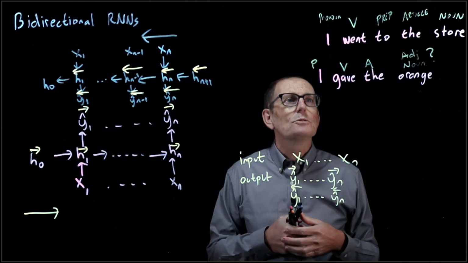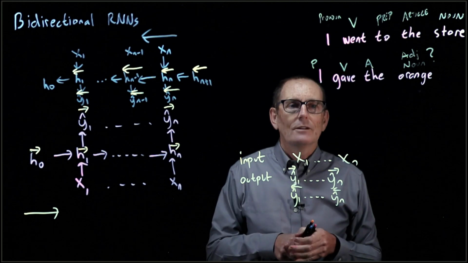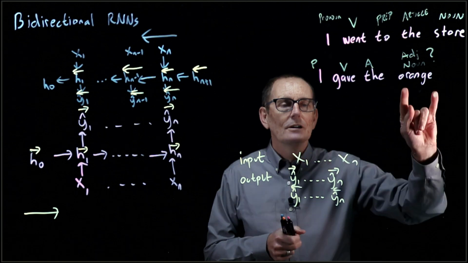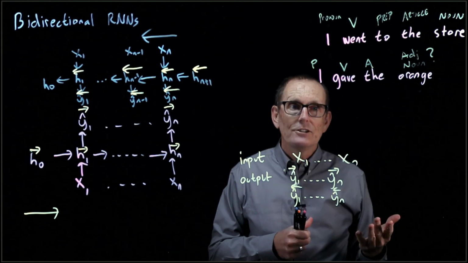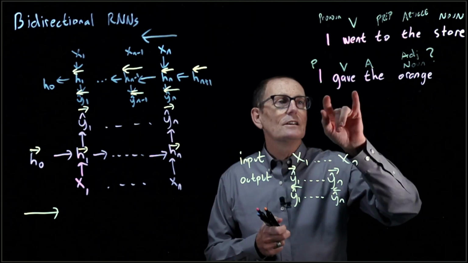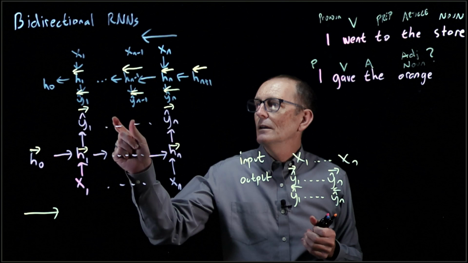And this is because of all its previous training. The previous training has learned that the word orange is never a preposition and never a verb, okay? Never an article. But it is sometimes an adjective and sometimes a noun. So it knows it's an adjective and a noun, but doesn't know anything more than that. So that's what we'd have in the front to back calculation.